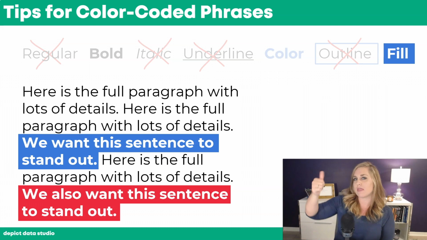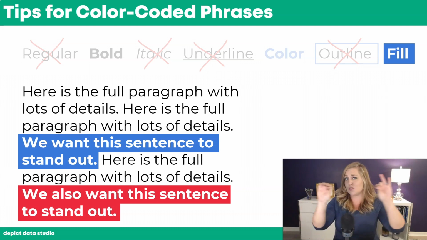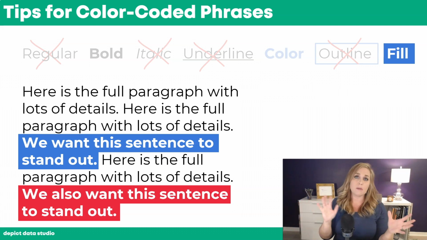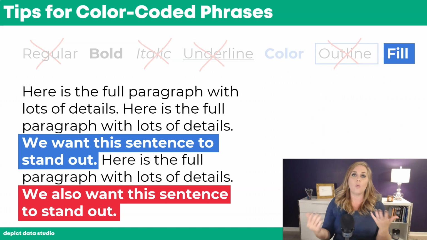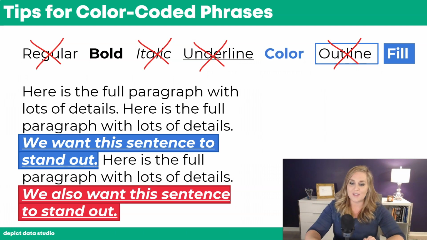You might have like a thumbs up, thumbs down type of categorization. You might just have two different categories. So think about whether you need different categories and therefore different colors, and what tone you want those colors to have as well. If you really want to confuse people, you could apply all of these techniques at once.